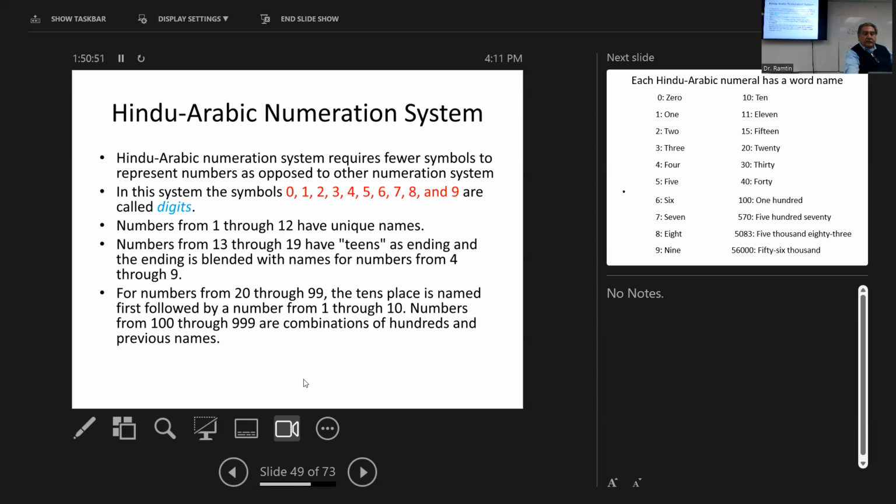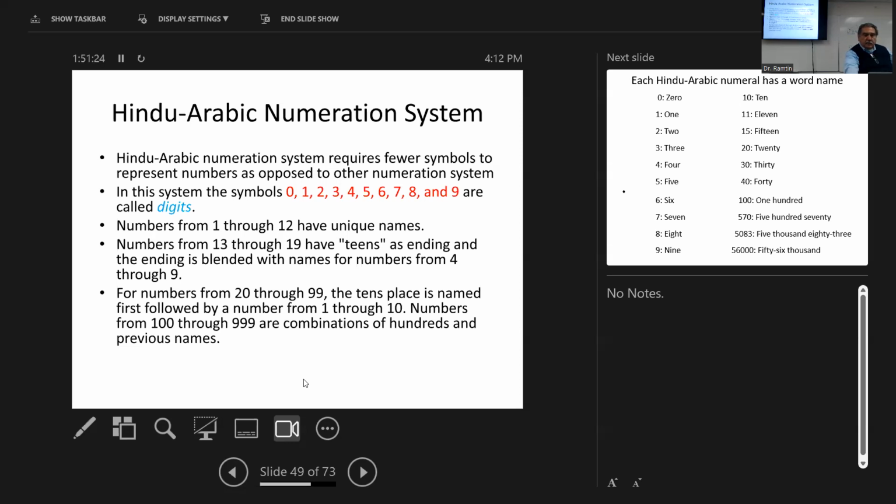Numbers 1 through 12 are simple things. They have their own names. Numbers 13 through 19 have teen as an ending, and the ending is blended with the names for numbers 4 through 9. For numbers from 20 to 99, the tens place is named first, followed by a number from 1 through 10. Numbers from 100 to 999 are a combination of 100 and previous names.